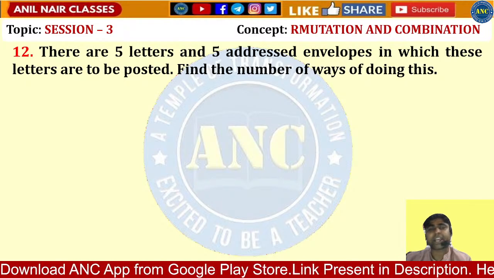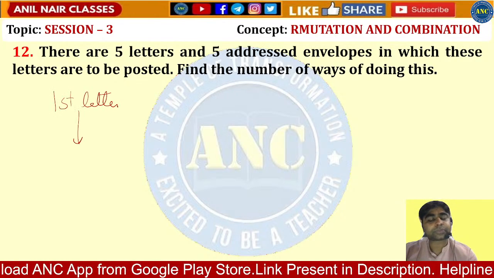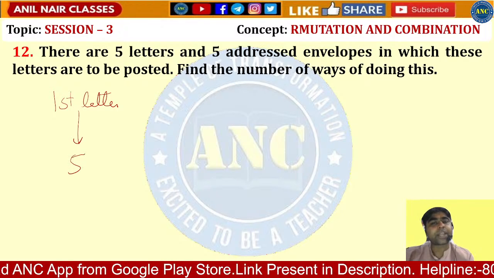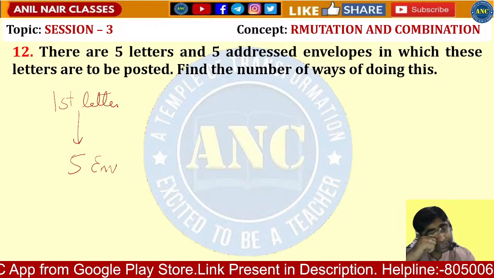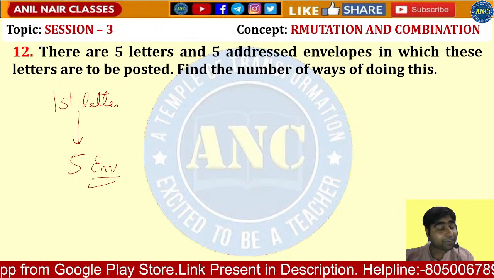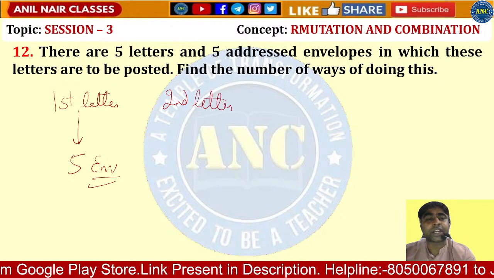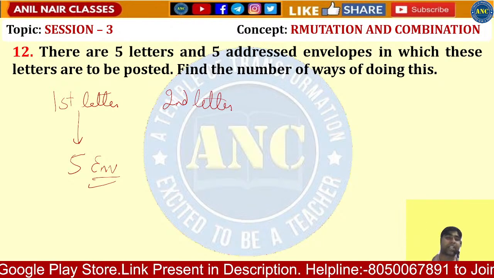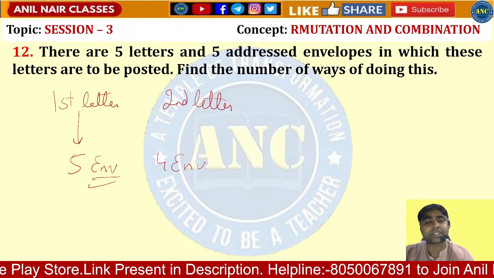Okay. So where can the first letter go? The first letter can go in any of the 5 envelopes. The first letter would have 5 options. The second letter cannot go into the envelope which the first letter has already gone to, so I'll have 4 options.